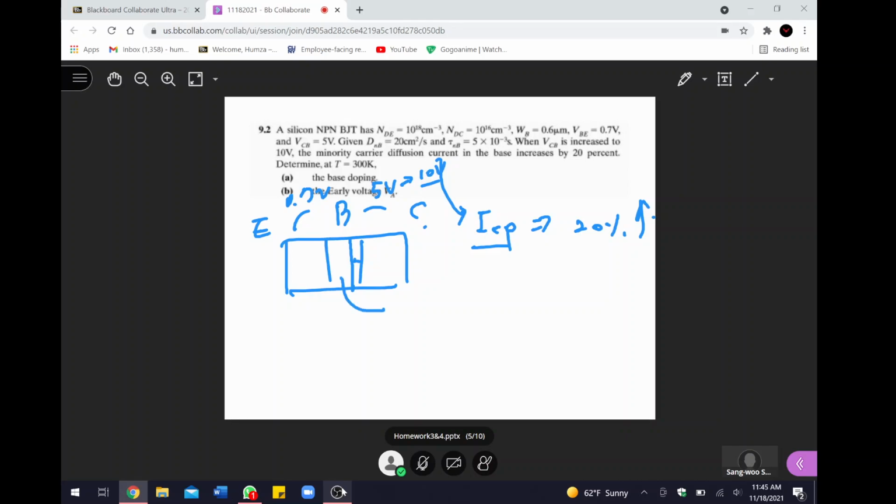This decrease creates a steeper slope of the minority carrier profile in the base region, so the minority carrier diffusion current increases. This question asks about the base doping and the early voltage, and we are going to use the same approach.